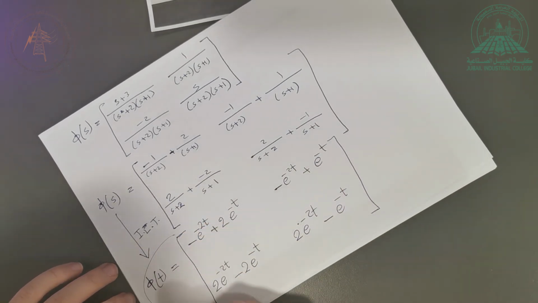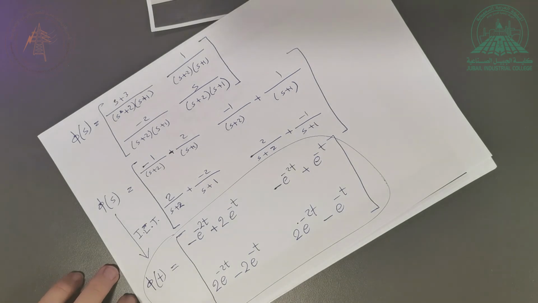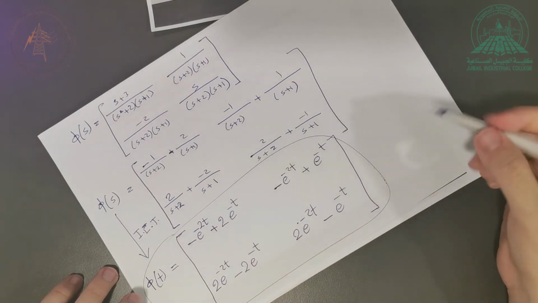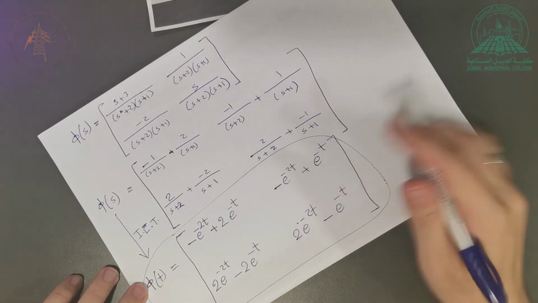Okay, and this is the final solution. This is phi of t. If you multiply by the initial conditions, this is the final answer.